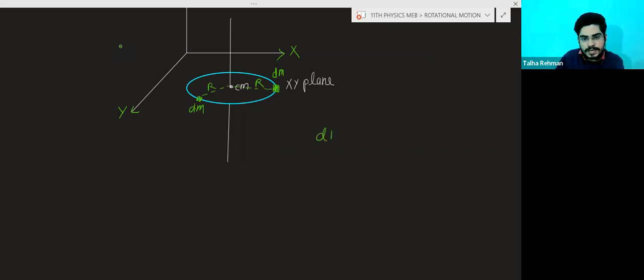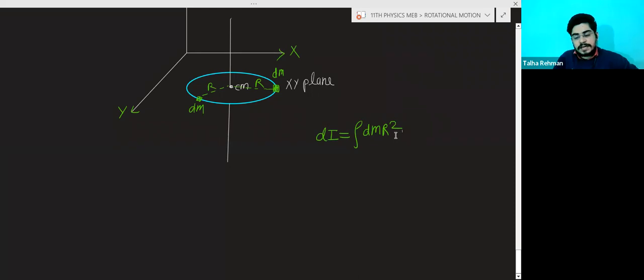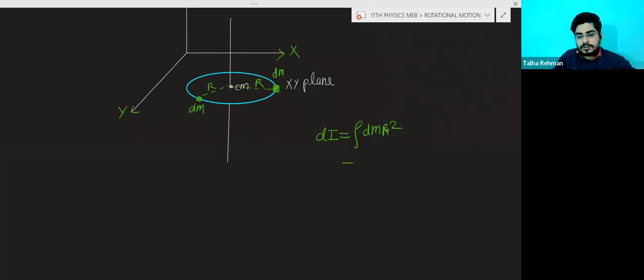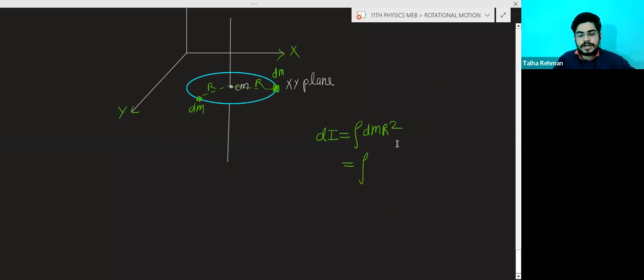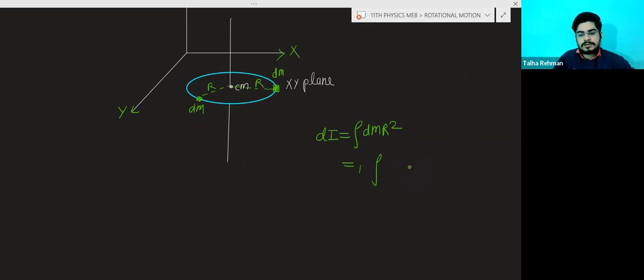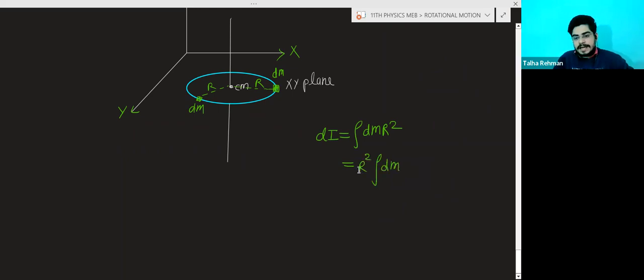Now, if you want to find the moment of inertia for the small mass, that will be dm into r square. Here the condition is that R is constant, so R square will also be constant. So you can take R square out of the integration, and here will be the integral of dm. Integration of dm means the total mass.